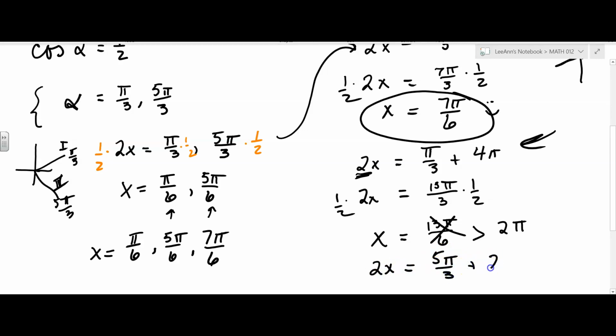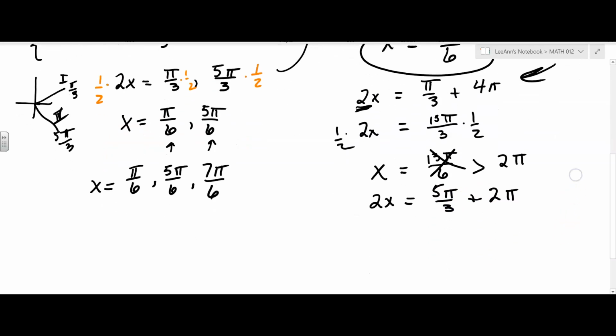We're going to add another time around the circle, 2 pi. So that's going to make it 11 pi over 3. But then we've got to divide by 2 or multiply by 1/2. And that's going to give us 11 pi over 6. And so we actually get 4 solutions here.